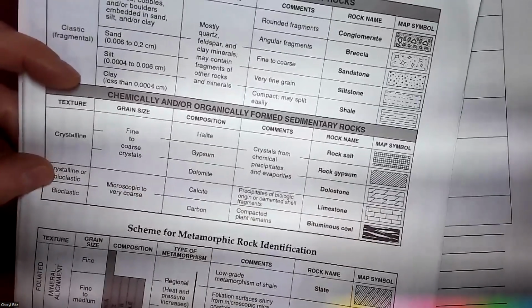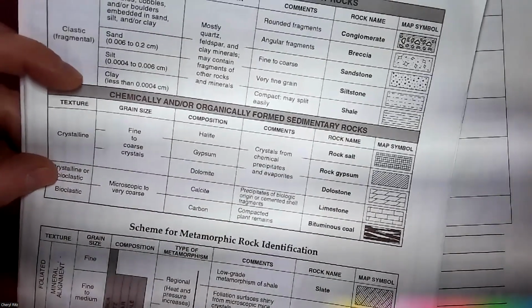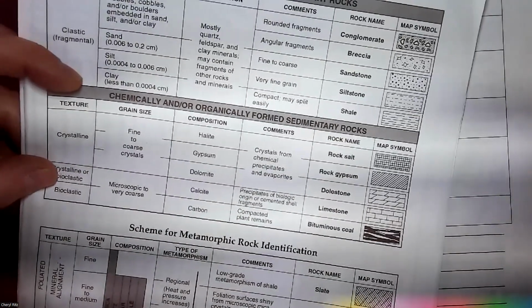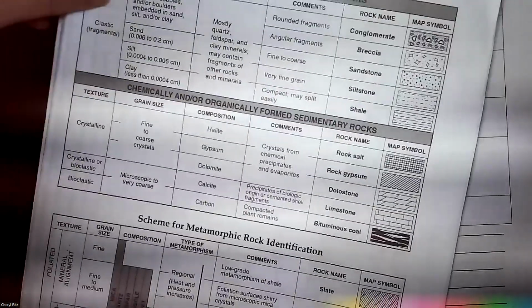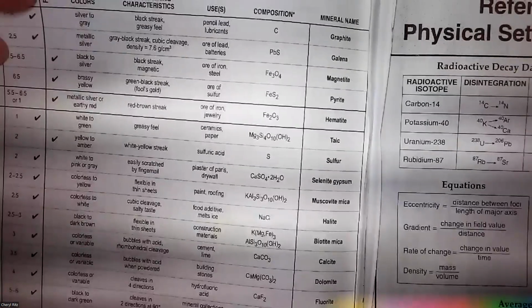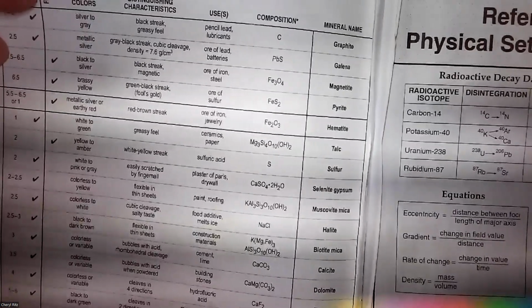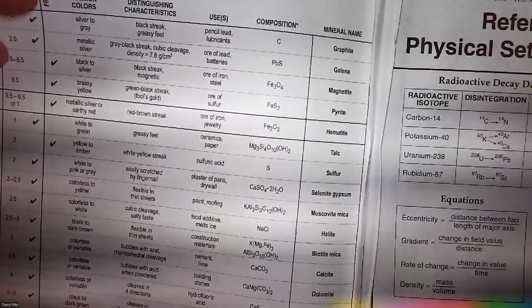By the way, how would you tell if something is made out of halite, gypsum, calcite, or dolomite? Which one? Yeah, the last page. So in the long run, you still will be able to tell which one's which based on the characteristics you already learned about minerals.